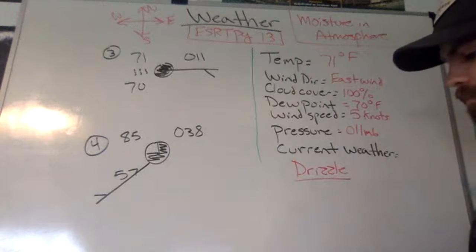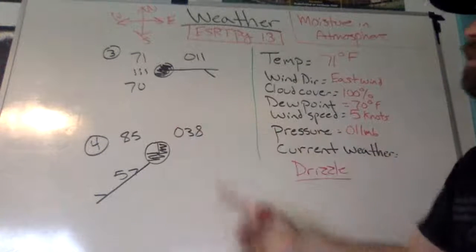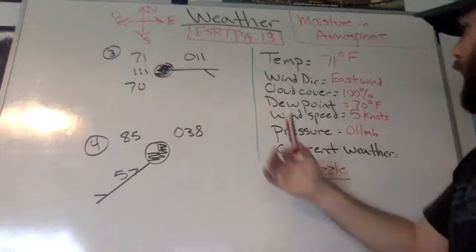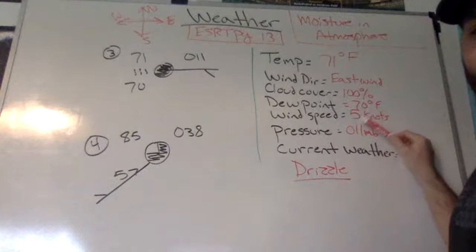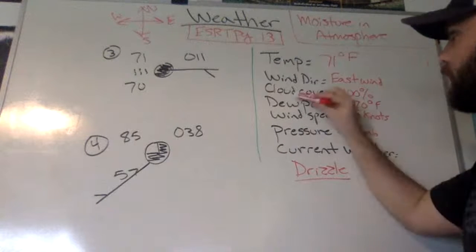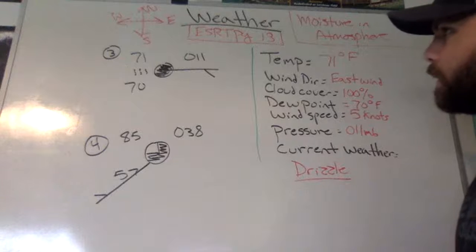All right. So it's light rain, it's drizzle, it's pretty warm because it's 71 degrees, okay? And you have a very low wind, 5 knots, okay? It's not that strong. In the cloud coverage, it's 100%, all right?